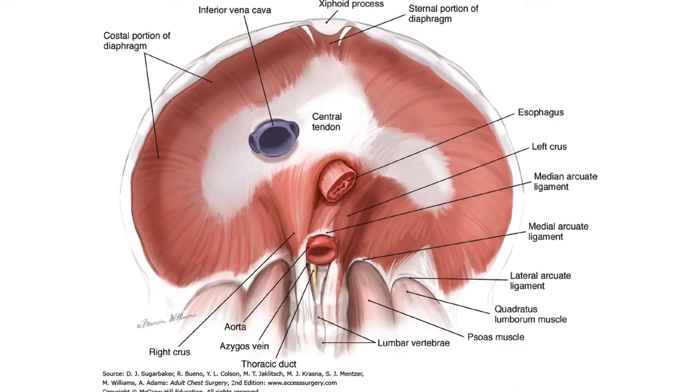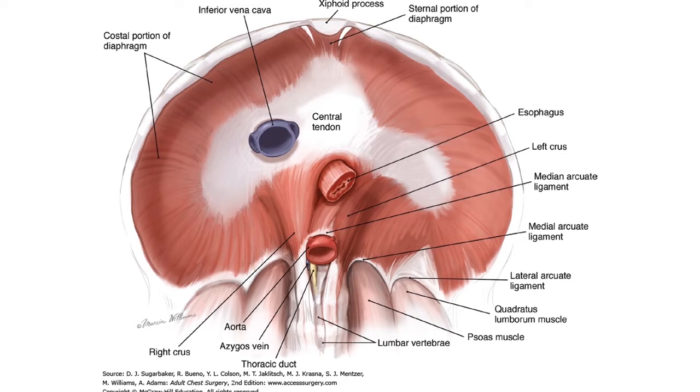More details about the origin of the diaphragm. But to start with, we can see that the periphery is made of muscles, and the central part is what is called the central tendon, and it has 3 parts, one on the right, one in the middle, and one on the left.